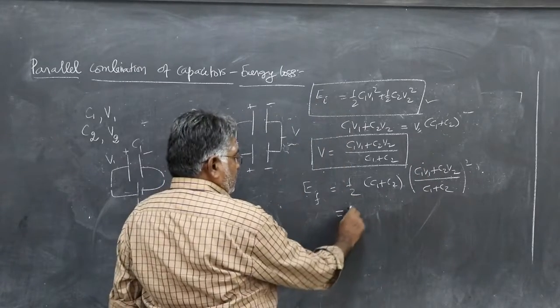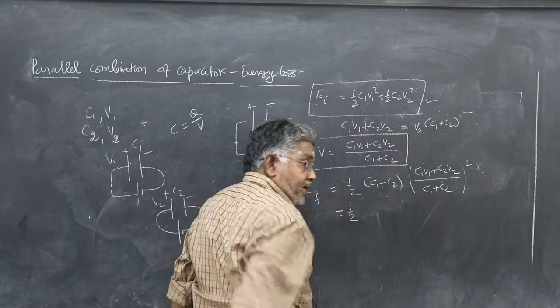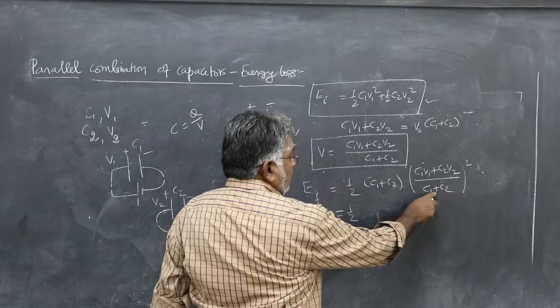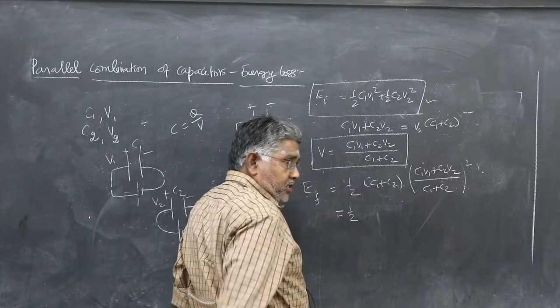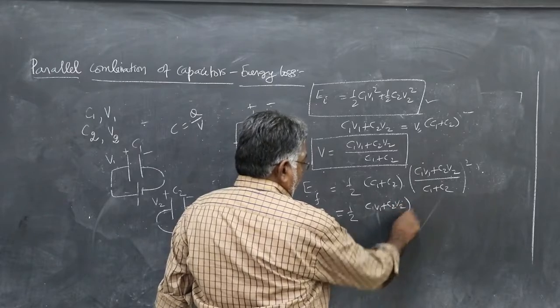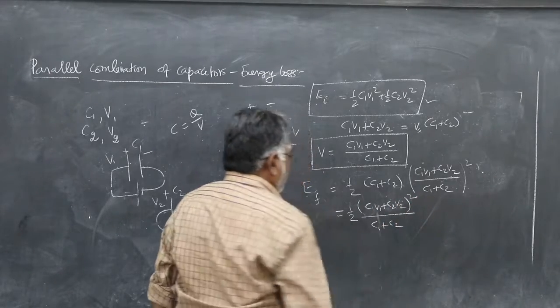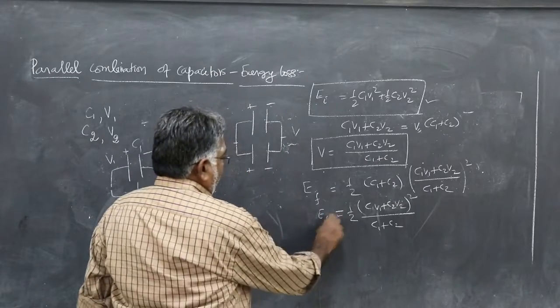You can simplify this, half, C1 plus C2 square here in the denominator. So this will become C1 plus C2 in the denominator. So C1 V1 plus C2 V2 square divided by C1 plus C2. This is final energy, E final.